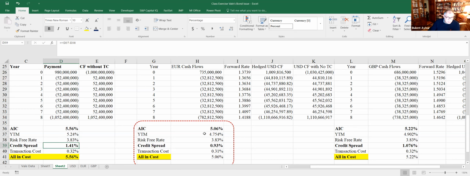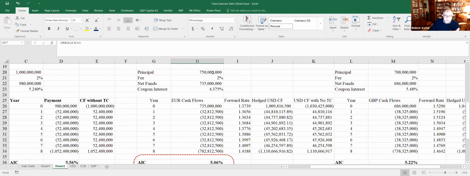We did the same set of calculations in both euro and pound segments, but all of those calculations were executed after we calculated the hedged US dollar cash flows. Note that none of these calculations involved euro or pound cash flows. So for instance, in this case, we calculate yield to maturity by assuming that the investors paid a dollar amount, which is equivalent to 750 million euros, because they paid 750 million euros.